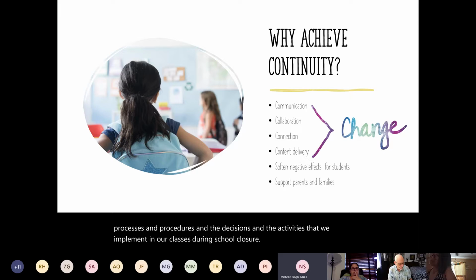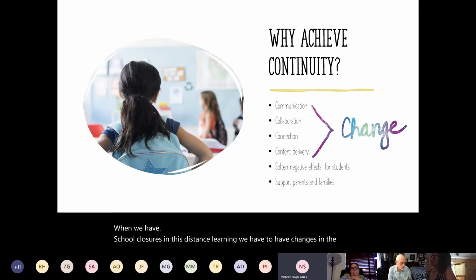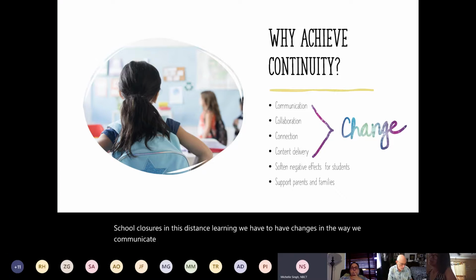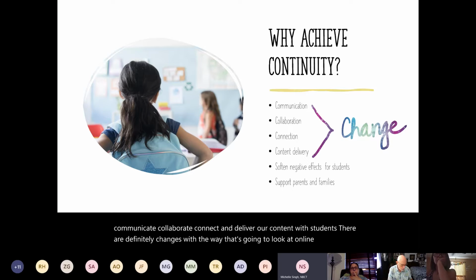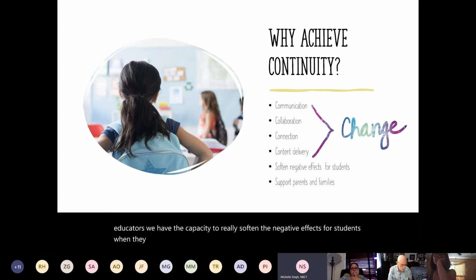Now, when we have school closures and this distance learning, we have to change the way we communicate, collaborate, connect, and deliver our content with students. There are definitely changes in how that looks in online learning, but as educators, we have the capacity to really soften the negative effects for students participating in online learning.